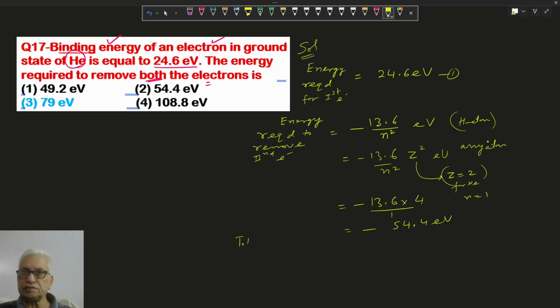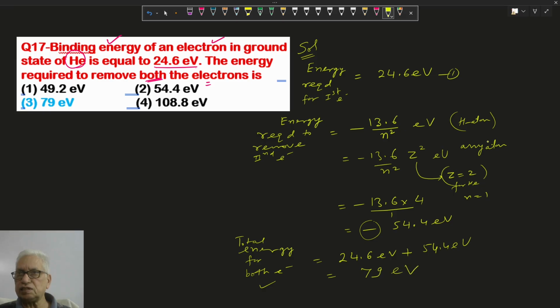Now the total energy required for both electrons is simply 24.6 electron volt plus 54.4 electron volt. So the total energy required for removal of both the electrons, we add, roughly comes to 79 electron volt. So option 3 is correct.